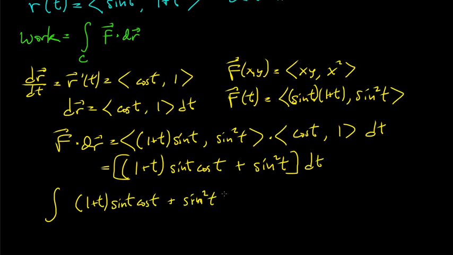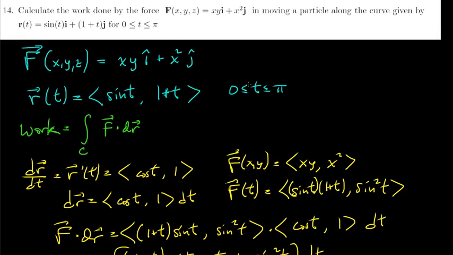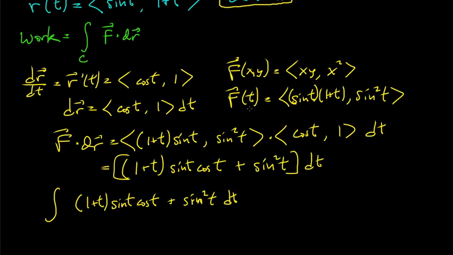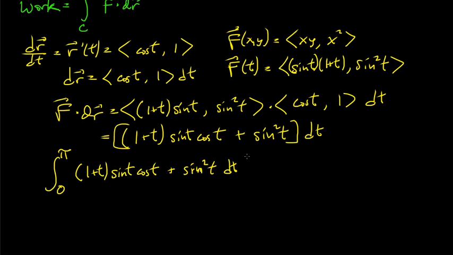So here you're going to have to start remembering some of your Calc 2. We might have to do an integration by parts here, or some sort of reduction formula for the sine squared. Now, what are the bounds on t? Well, they're given. T goes from 0 to pi. So we're integrating from 0 to pi. Okay. So at this stage, you do your integration by parts.